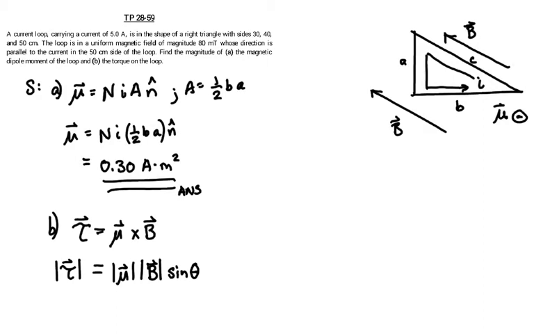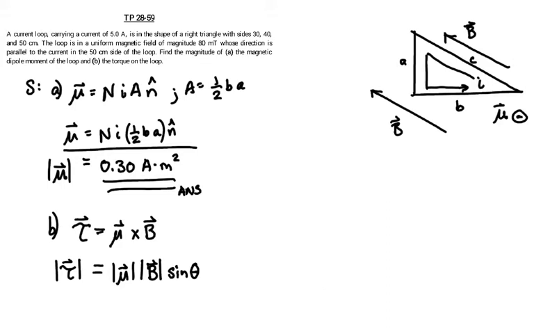Let me go back really quick. The answer to part A, first I have this in vector form, and then later I have it without any direction information. So let's clear this up and say that the magnitude of my magnetic dipole moment is 0.30 amp meters squared. Okay.